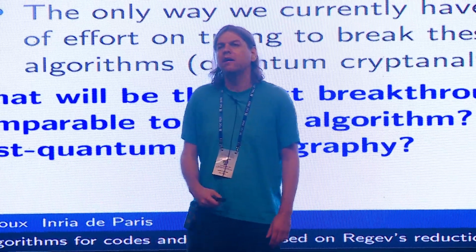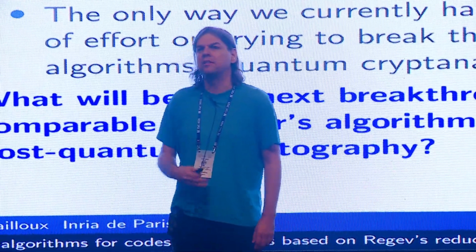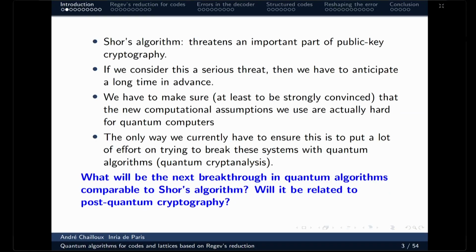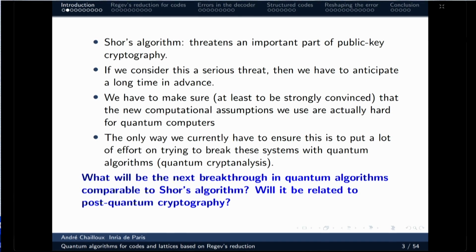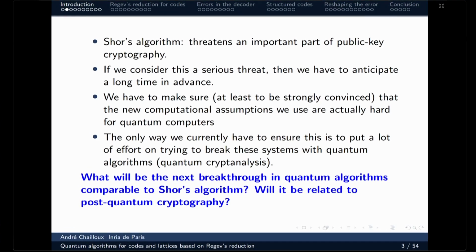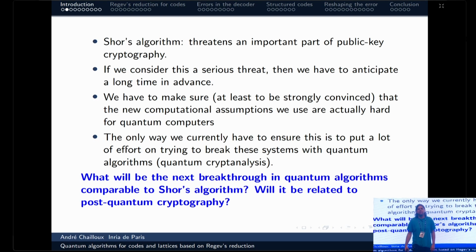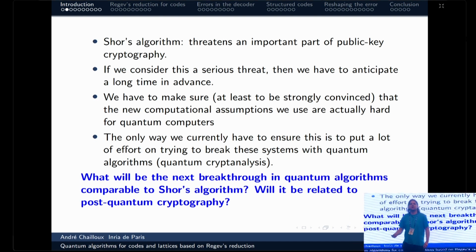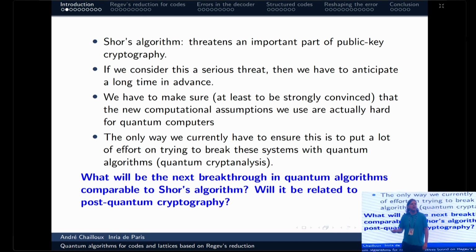We know that Shor's algorithm threatens an important part of public key cryptography, and if we consider this a serious threat, then we have to anticipate a long time in advance. First, because it takes time to change the cryptography to something that doesn't rely on factoring. Second, because of store now, decrypt later attacks.